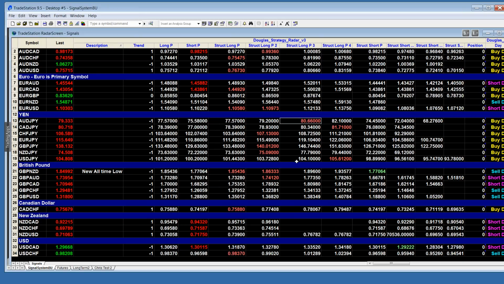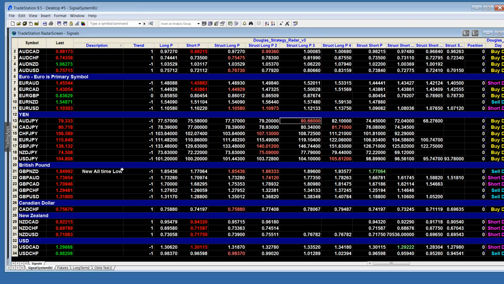And it actually went all the way to 80.66. So from 77.50 to 80.55, that's another 300 pips, and you would be short at 80.66, and now it is 73.3, so you have another 100 pips on the short side.